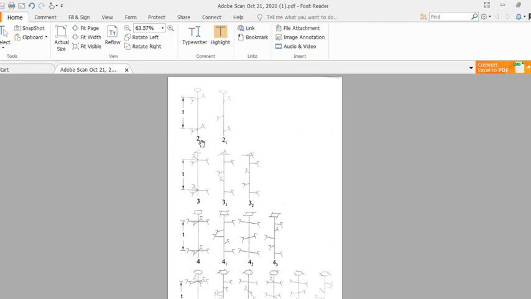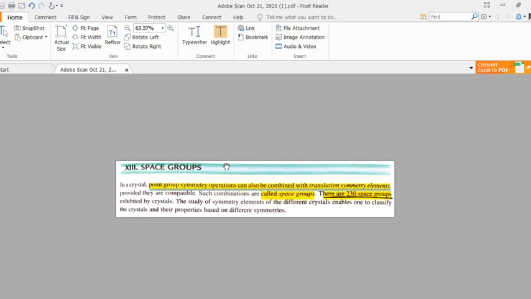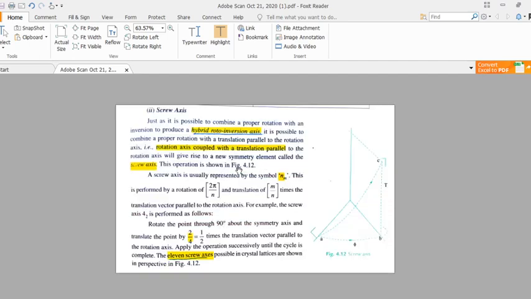When I say 2 suffix 0, so the previous one where I mentioned how translation symmetry is going to be written, that is n suffix m, or you can think of m upon n, that is the way of writing out the translation. 2 pi upon n is the way of writing out the rotation. So n suffix m will give me the information about the screw axis.